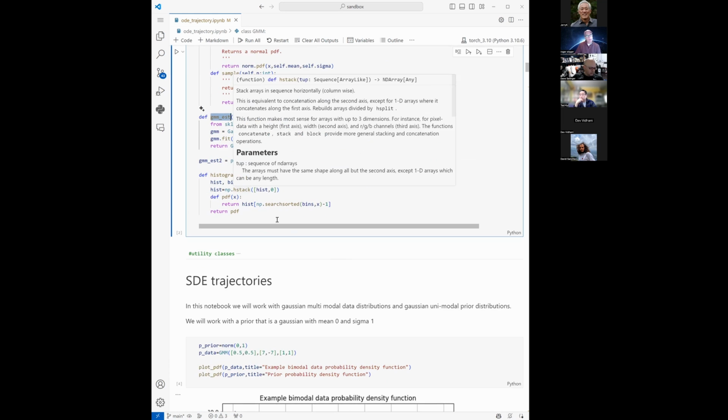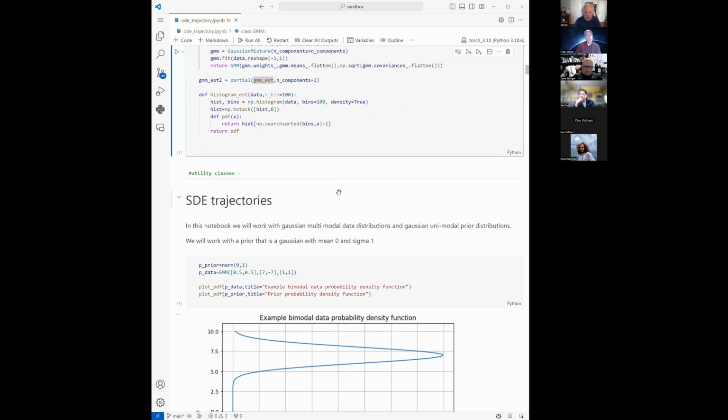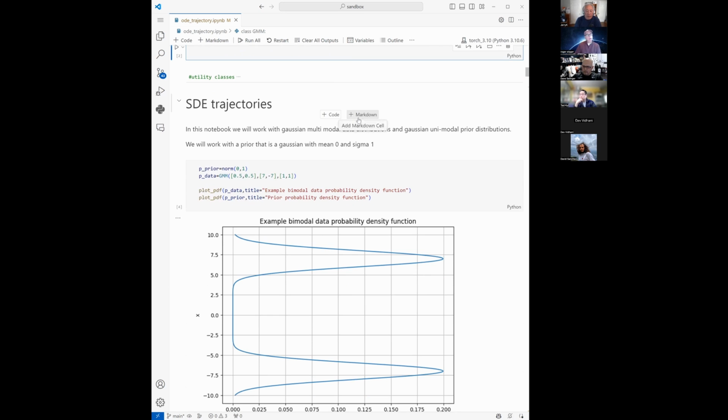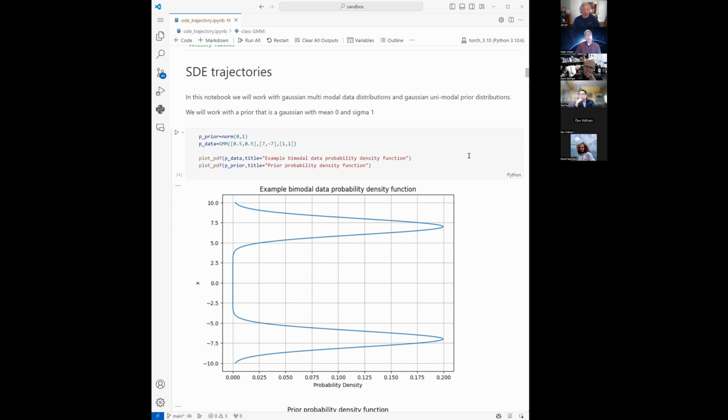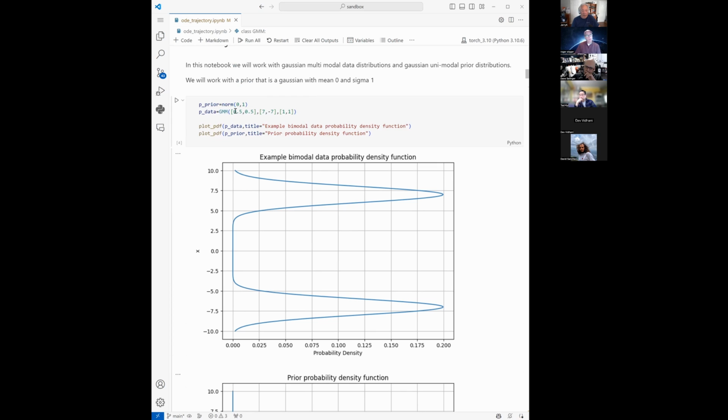And histogram estimate, where I just break things into bins and look at what each bin looks like, more of a bar chart type of thing. Okay, so we start with, we're just going to look at some trajectories. Again, a normal distribution for the prior, in this case, a mixture model that's evenly balanced.